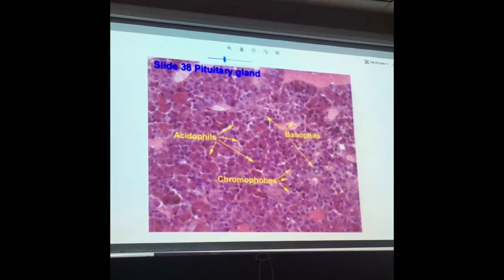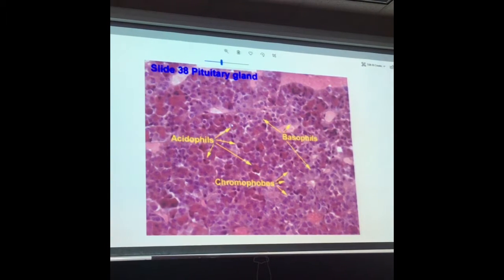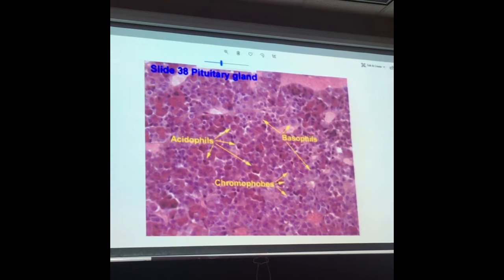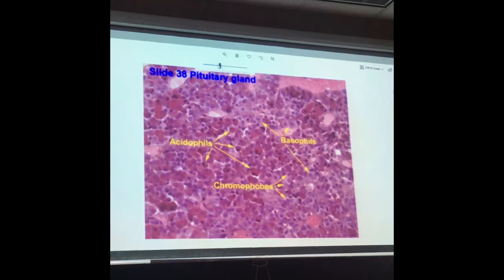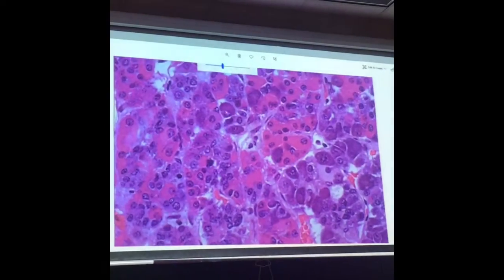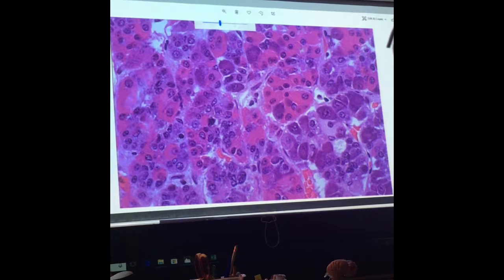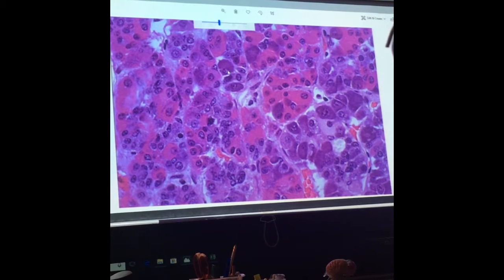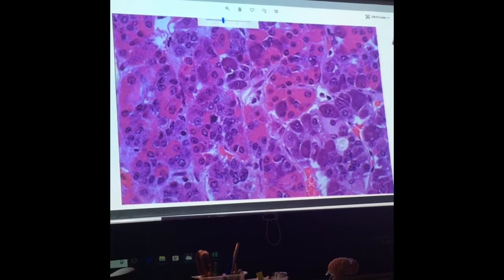So we have these cells, which are known as basophils, these cells known as acidophils, and then we have cells called chromophobes. And I'm going to go ahead and advance one more because I think we have a difference. So if we look here, we see that the basophils are cells with the cytoplasm stains this deep bluish or deep purplish color.